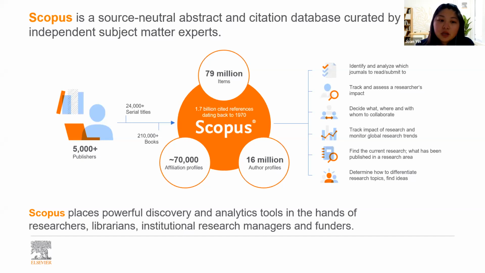Currently, Scopus covers more than 5,000 publishers and around more than 24,000 serial titles, and content from more than 200 books. And based on the 79 million records from journals, books, and conferences, Scopus created around 16 million author profiles and around 70,000 affiliation profiles.